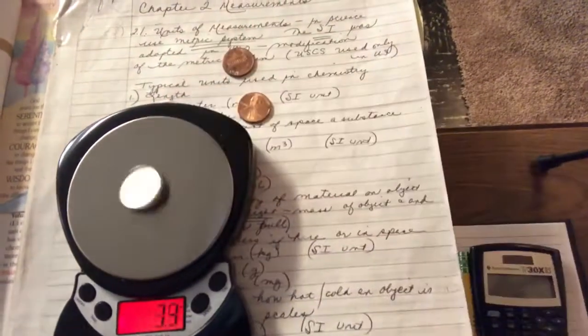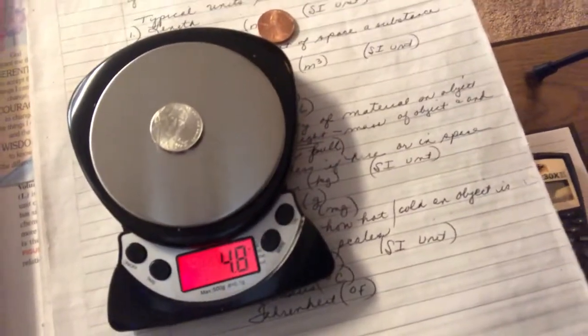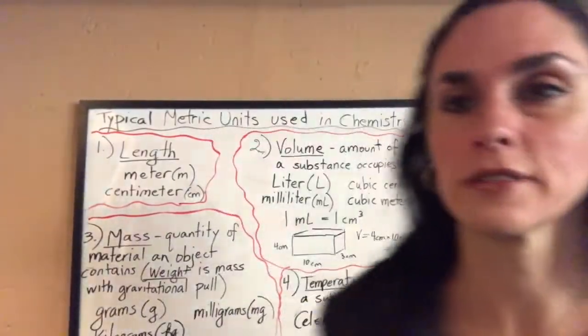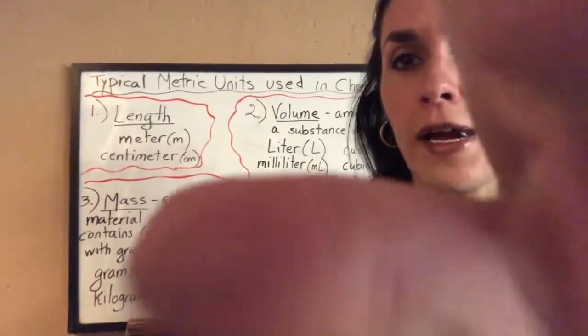One nickel. Sorry, trying to get it on there for you to view. Roughly about 5 grams. 1 penny. Roughly 2.5 grams. Just to give you the idea of the scale of a gram.